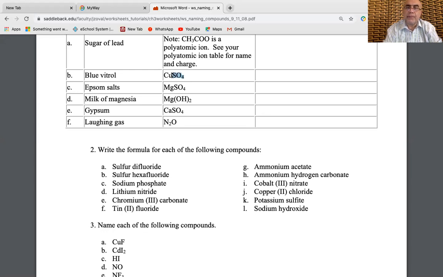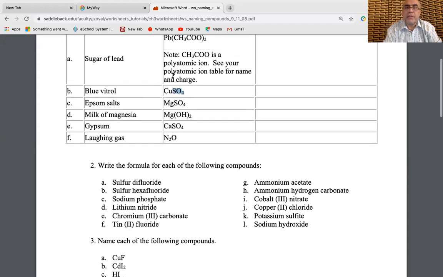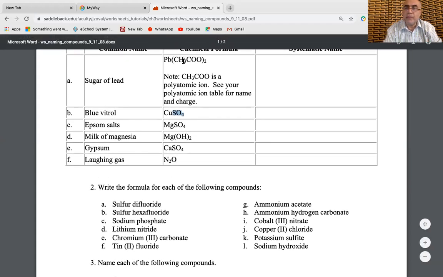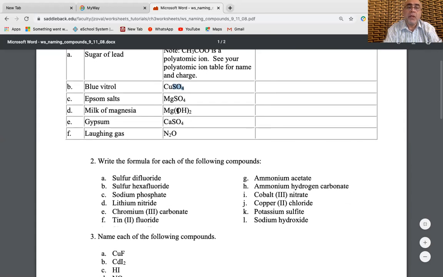So here copper should be +2. Now we can say copper(II) sulfate. So in the first one, we said lead(II) acetate, and the second, copper(II) sulfate. What about the third one here?